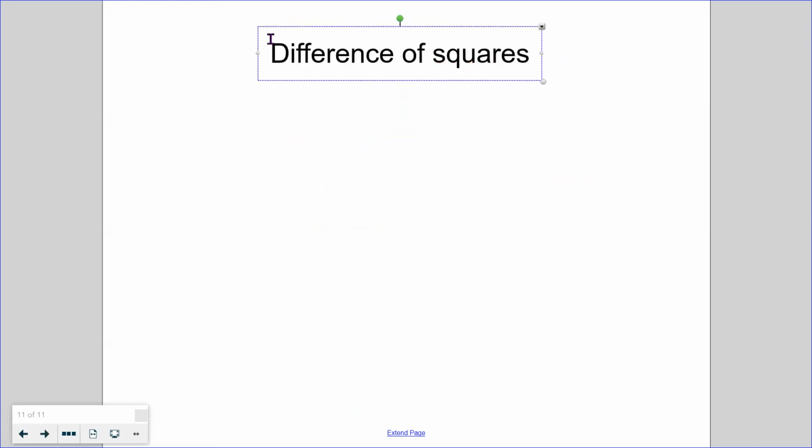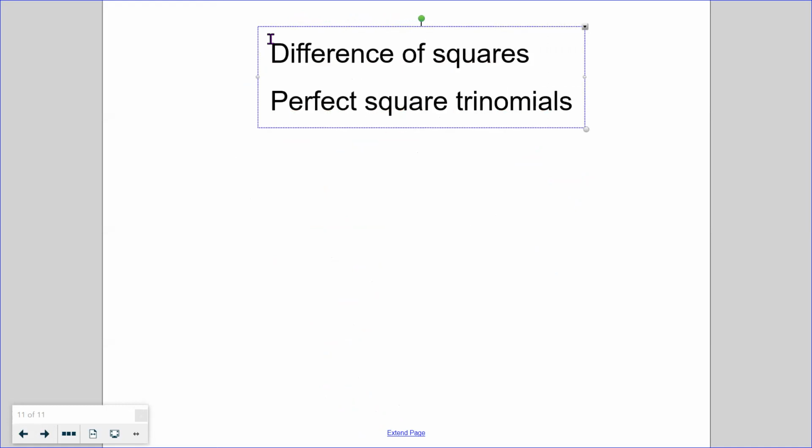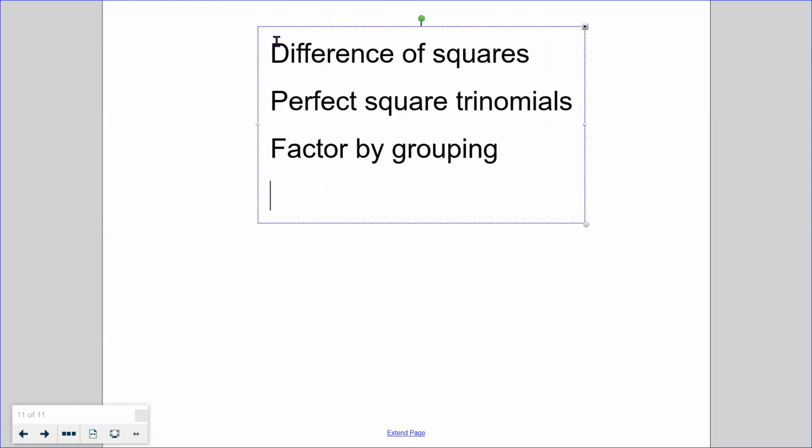Difference of squares, perfect square trinomials. I think there's factor by grouping. And there's just regular factoring out with the X chart and all that kind of stuff.